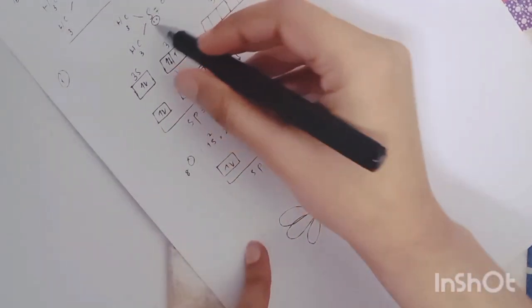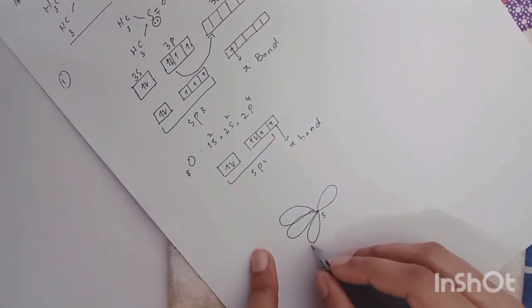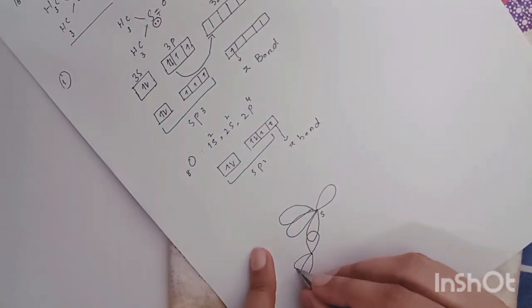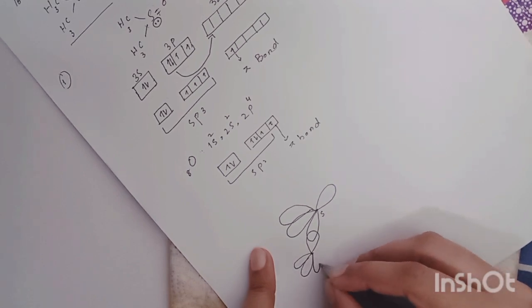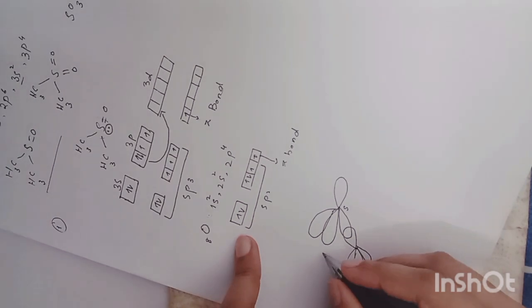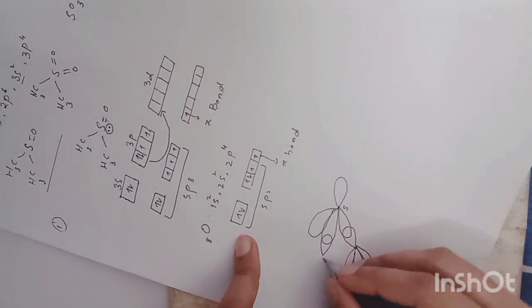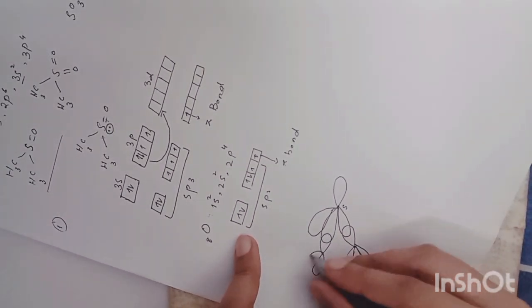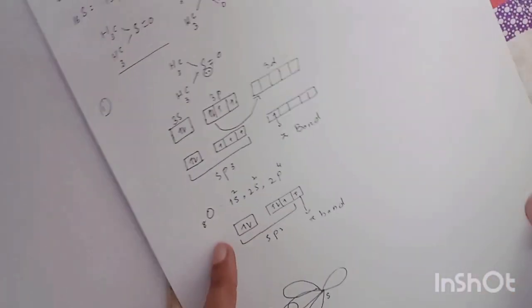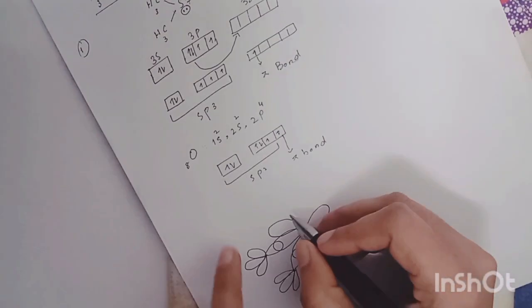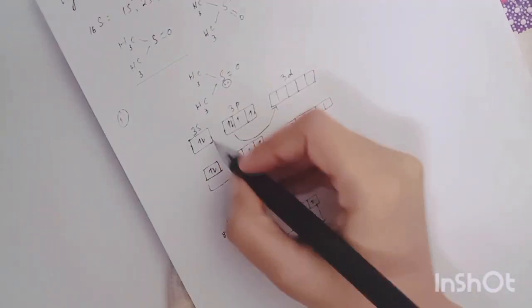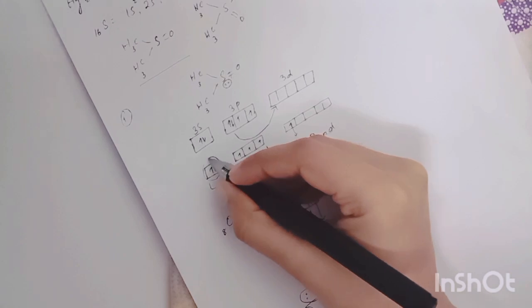So now we draw the methyl group. This carbon has single bonds, so sp3 hybridization. This also has the other methyl group, the second one, and here the third orbital. Now here is the lone pair. Which one? This one here.